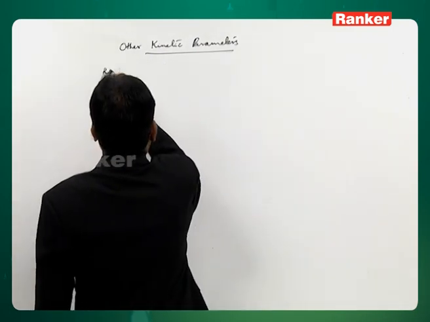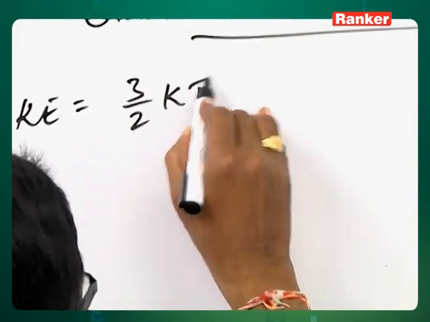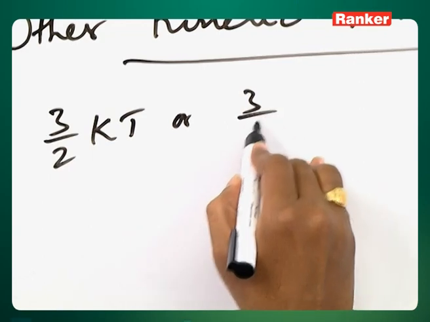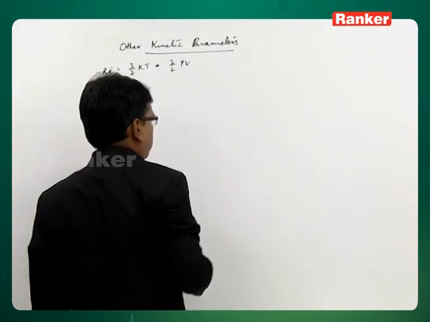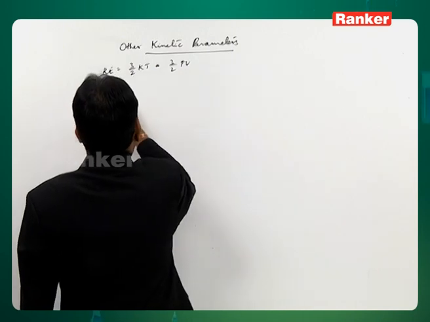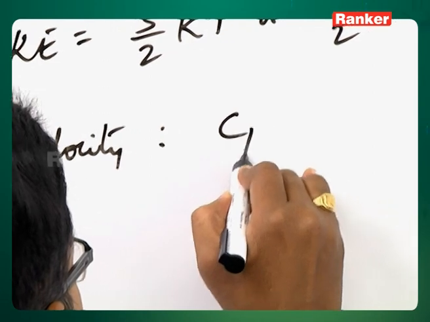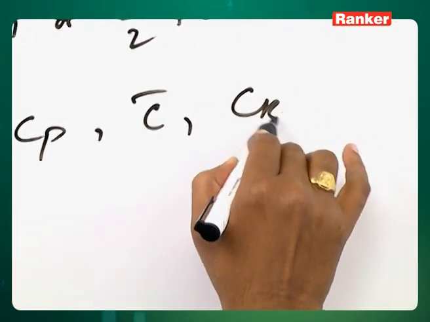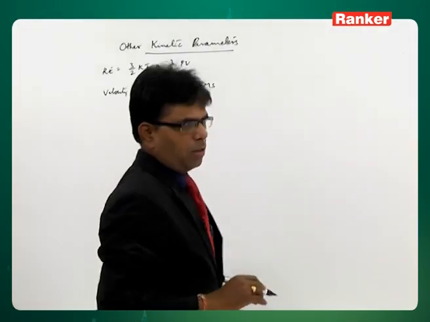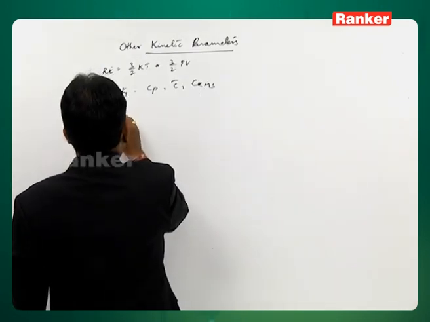Kinetic energy is equal to 3 by 2 kT per molecule, or 3 by 2 PV overall, and the velocities Cp, C bar, Crms, which we have already discussed. Now, collision diameter.